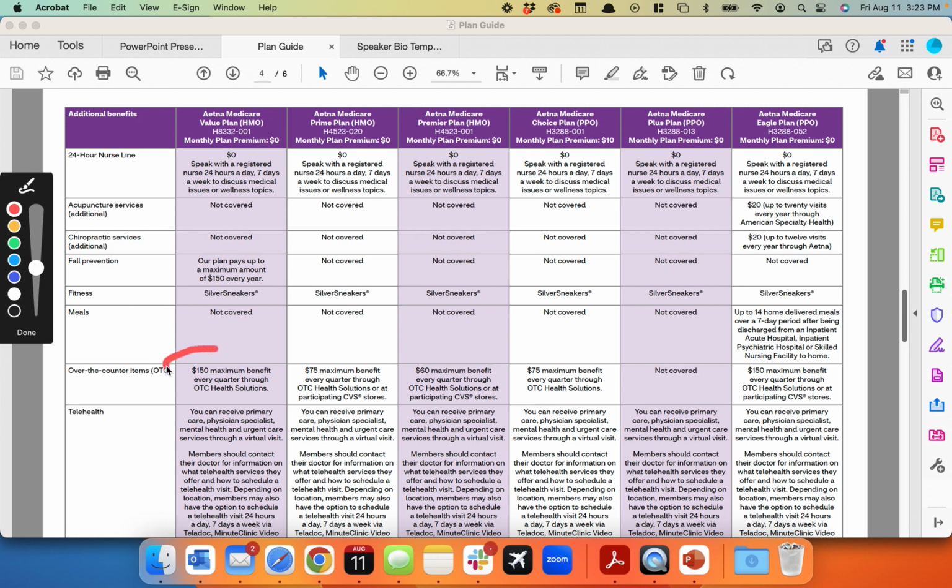This particular plan, Aetna Value, provides a $150 maximum benefit every quarter. You're able to get over-the-counter items such as Tylenol, generic medications, maybe some readers, things of that nature, at CVS or any participating provider locations. You can also do telehealth, where you can see the doctor through your phone. That's another benefit from the plan.